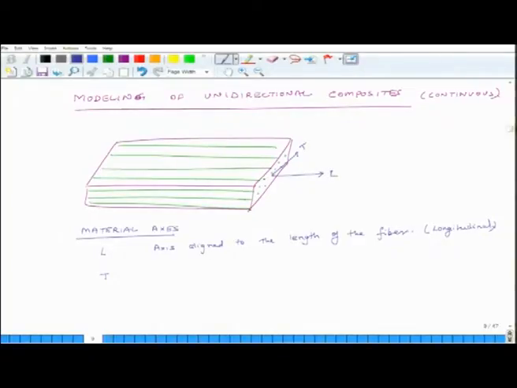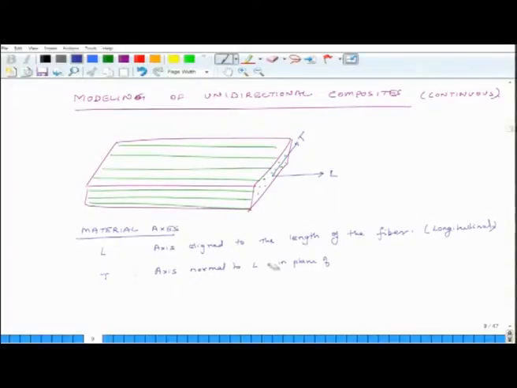Then the T direction, so I did not draw it correctly. So, the T direction is the axis normal to L, in the plane, and it is shown as indicated.